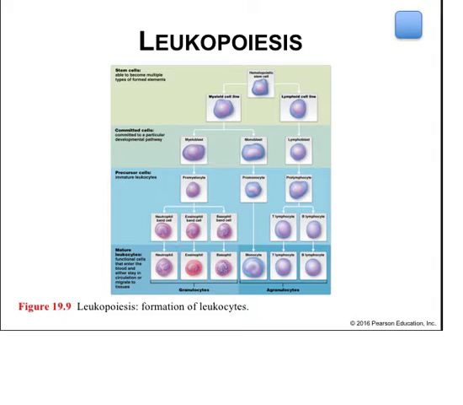Leukopoiesis is a process in bone marrow in which hematopoietic stem cells form new leukocytes. Hematopoietic stem cells divide and produce two cell lines, the myeloid line, which produces most of the formed elements including the erythrocytes and the platelets, and the lymphoid line, which generates lymphoblasts, which are committed to becoming B and T lymphocytes, which then develop into the prolymphocyte precursor cells.